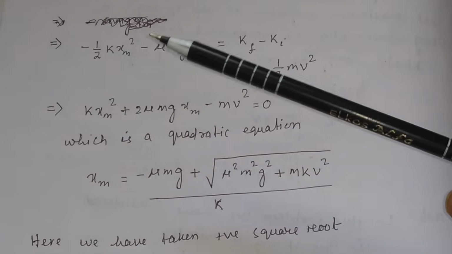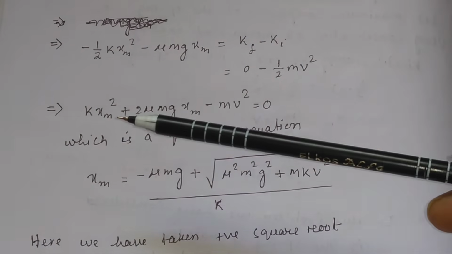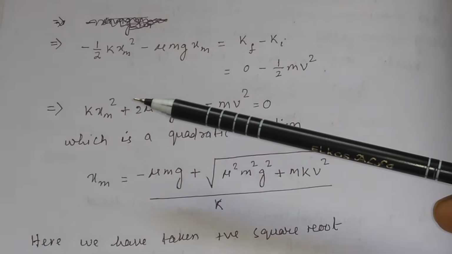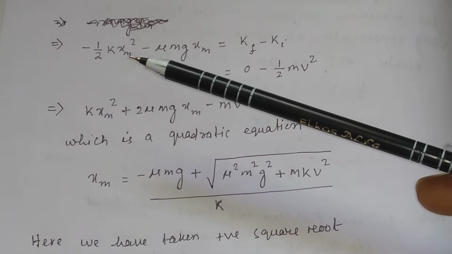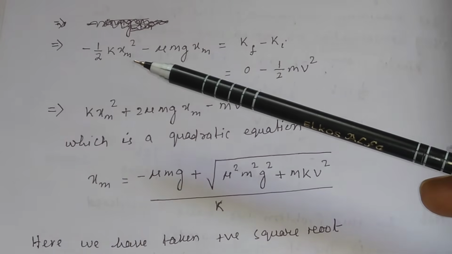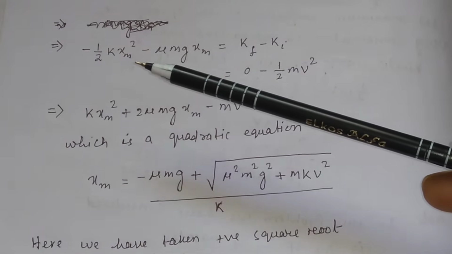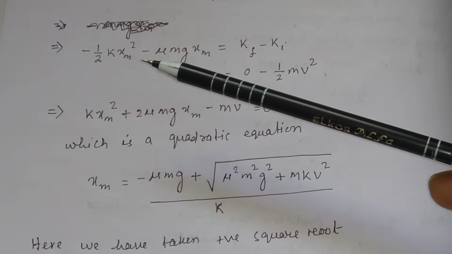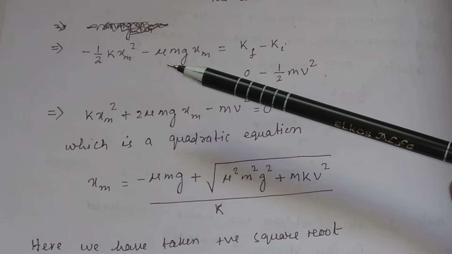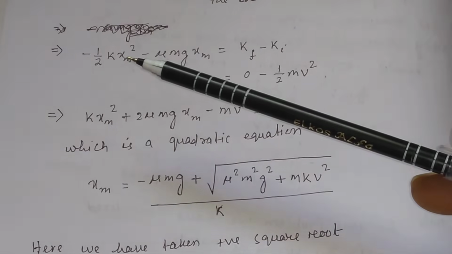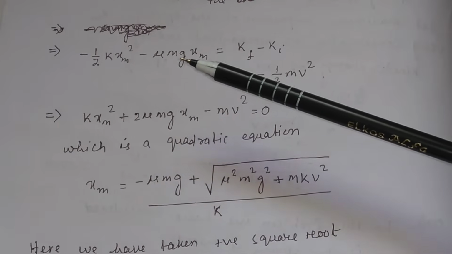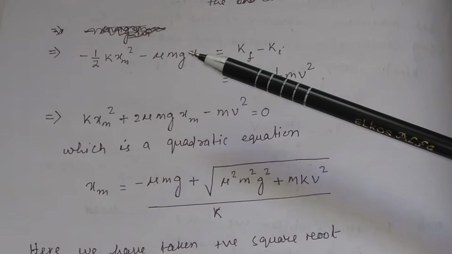As we have discussed, what will be the work done by the spring force? That is equal to minus half kxm square. And what is the work done by the frictional force? That is equal to minus mu mg into xm. These expressions we have derived in the previous video.